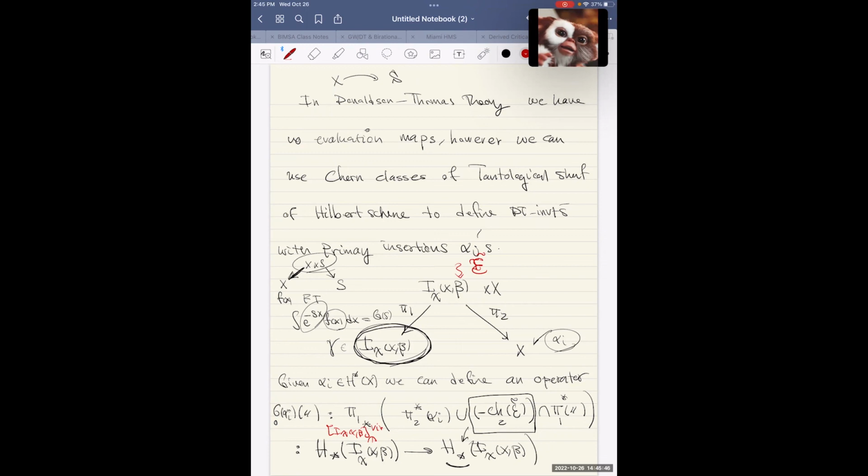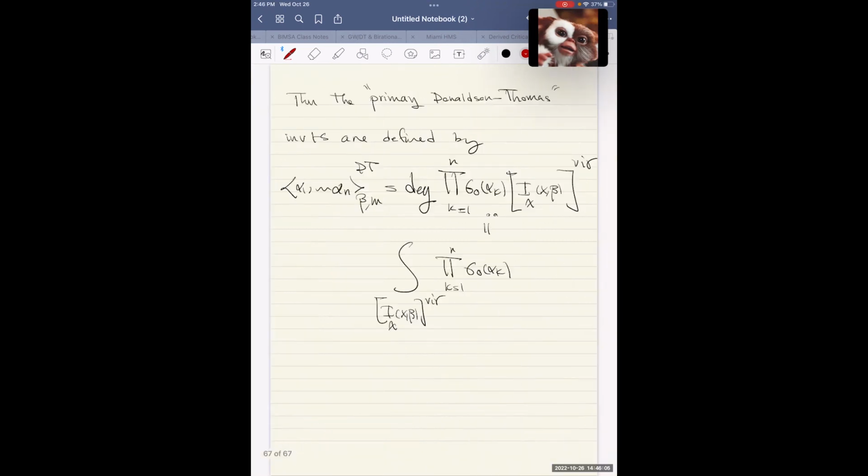So if I take sigma alpha I of something and I put inside the argument the virtual class of I, then that means that over here I will be putting virtual class. And then if I integrate this, I will get a number. And that number is exactly Donaldson-Thomas invariant with primary insertions alpha 1, alpha n.